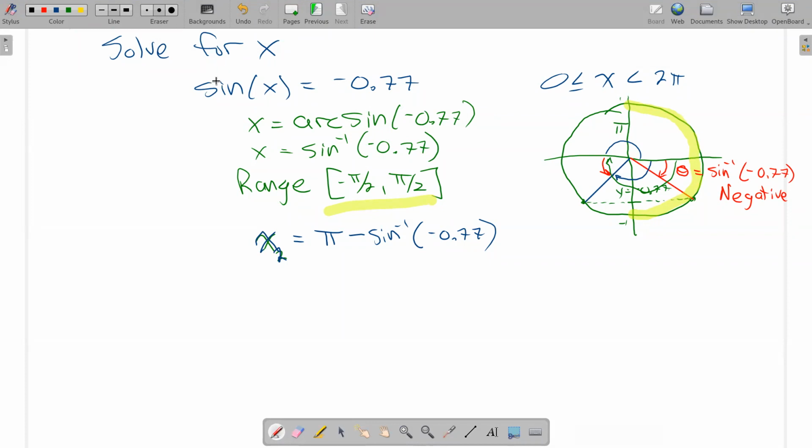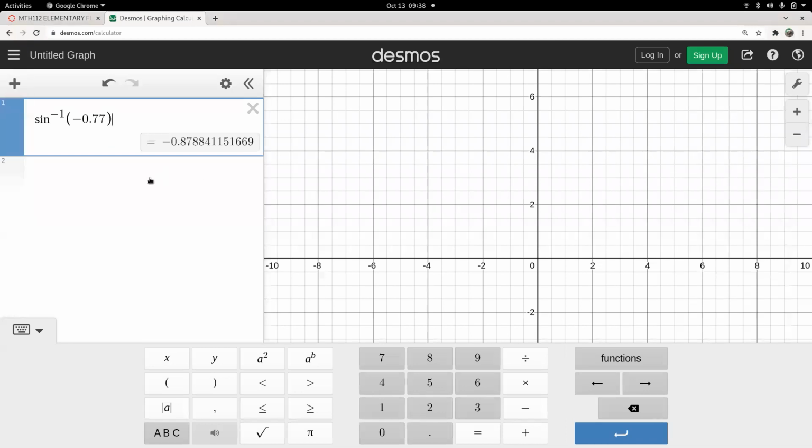So let's make a note of that. This is approximately negative 0.879. The blue angle, my claim is pi minus that. If I minus a negative, I get a positive, which is that reference angle there, plus pi. So let's see if that seems reasonable.